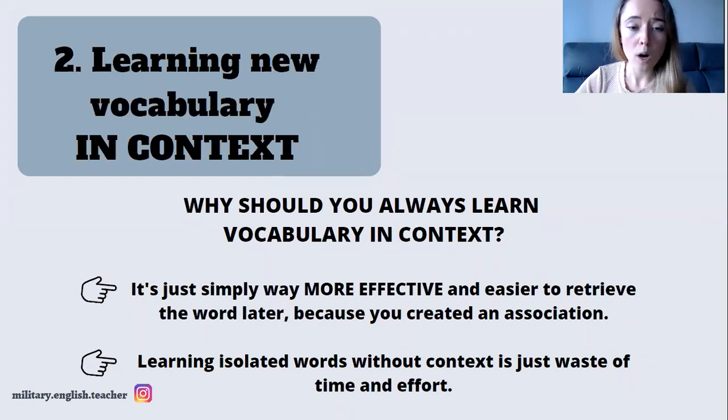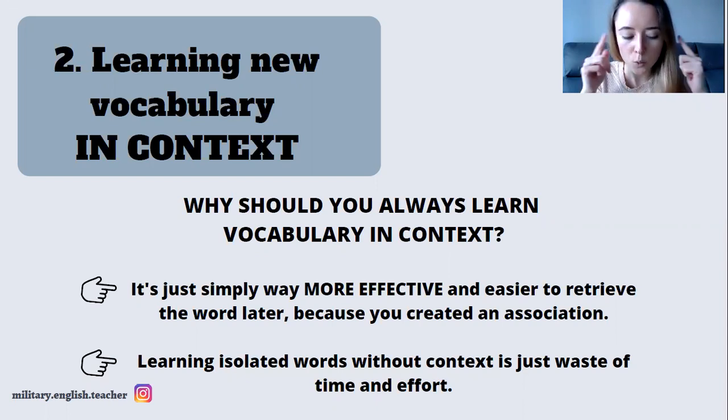Now, why should you always learn vocabulary in context? It's just simply more effective. And you're more likely to retrieve the word in the future because you created some association with it. And the sillier, the better. Because if you have a really silly association or a meme or a funny situation that reminds you of that word, that's even better because you have an emotion that is associated to that word.